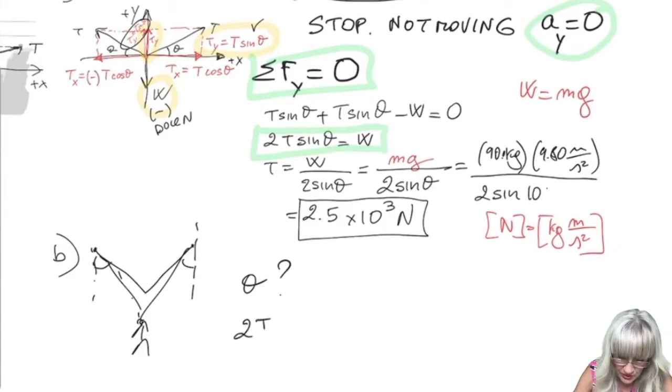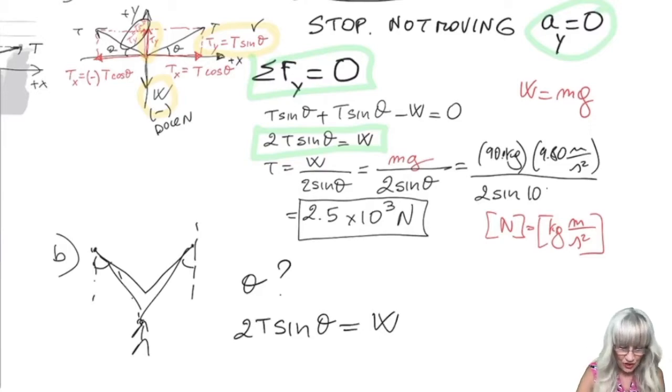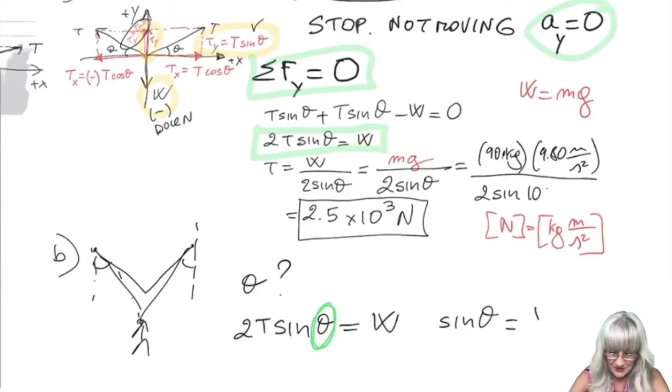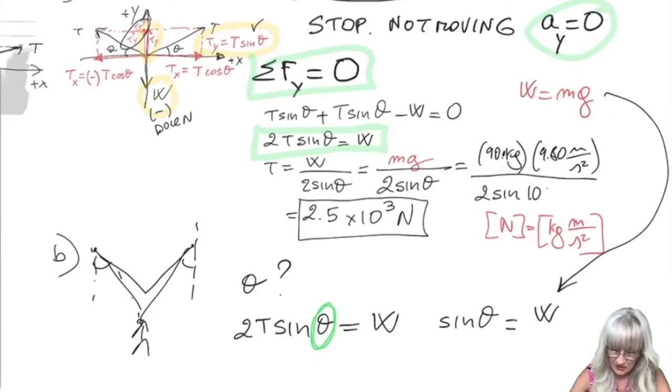I know that 2 times the tension times sine of theta equals the weight. I'm going to solve it here for theta. All right, so the sine of theta will be the weight, which is mg, mass times gravity, divided by twice the tension, and the tension I have found.